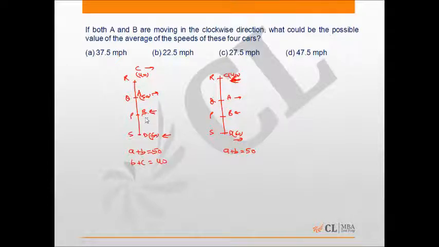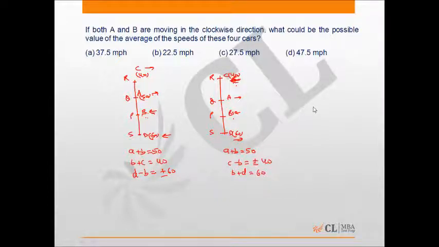And in this case, B and D are moving in same direction, so D minus B should be either plus 60 or minus 60, depending on which speed is higher. Similarly, in this case, B and C are moving in same direction, so C minus B will be equal to plus minus 40, and B and D are moving in opposite direction, so B plus D is 60.